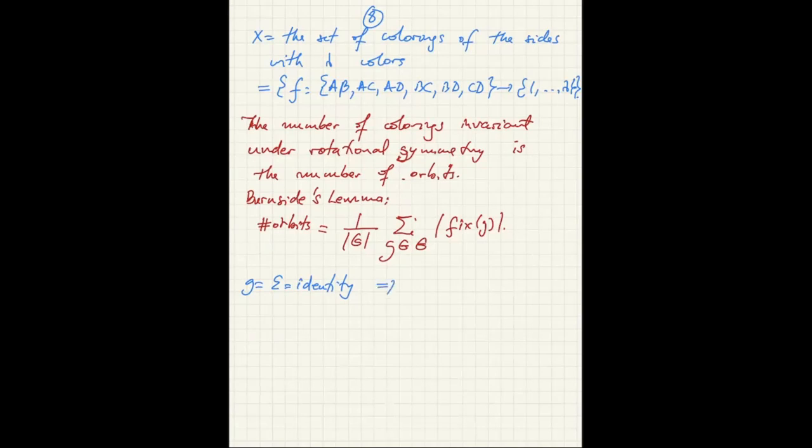So in that case, Fix(g) will consist of all these possible colorings. So it will be X, and now the cardinality of Fix(g) will be lambda to the power 6, because every edge can be colored with lambda colors.